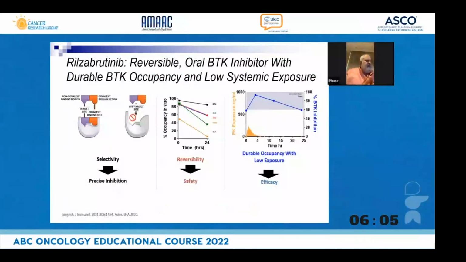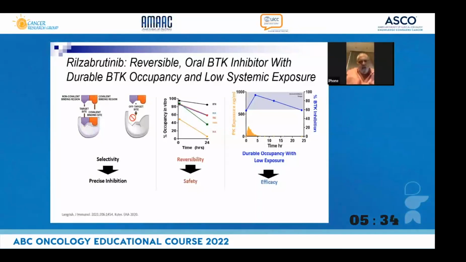And using this drug, if you look at the left side of the slide, it's the selectivity and the inhibition. In the middle, it's the reversibility, because it's a reversible BTK inhibitor, which means safety. And on the right part of the slide is the durable occupancy with low exposure.